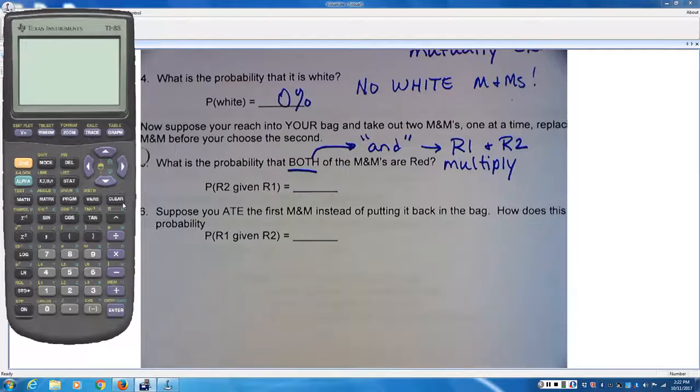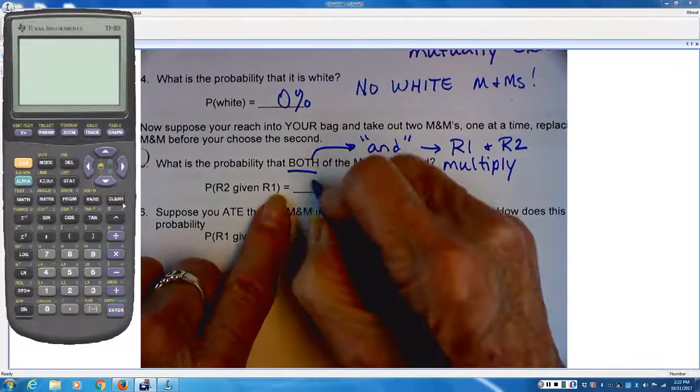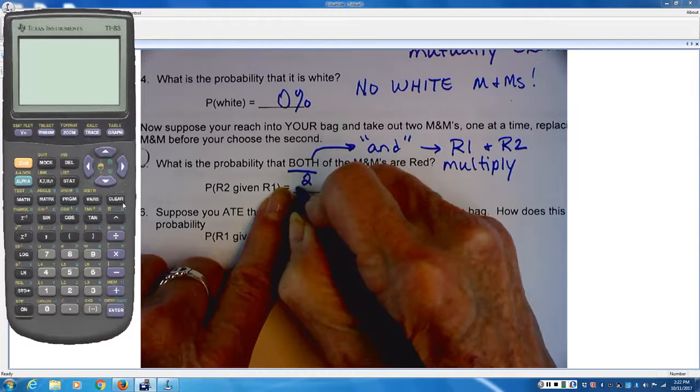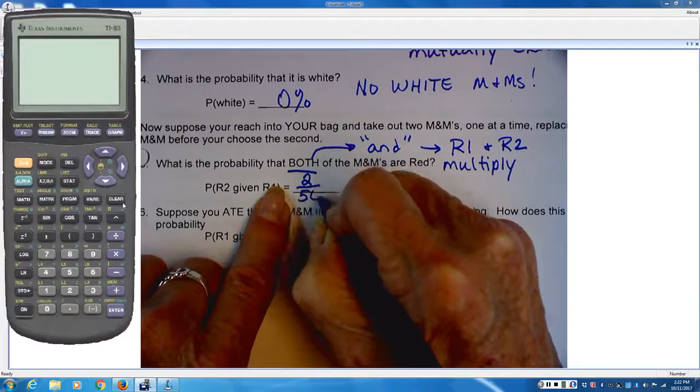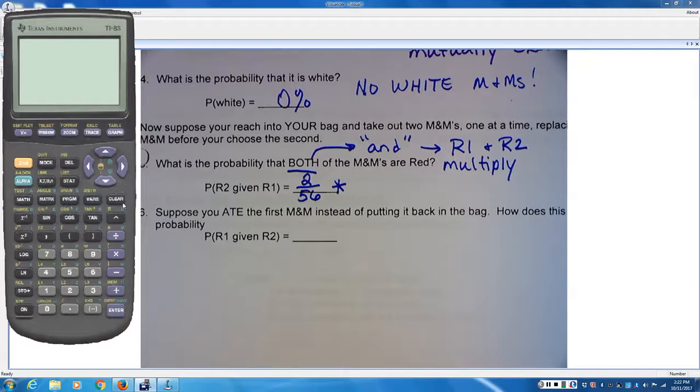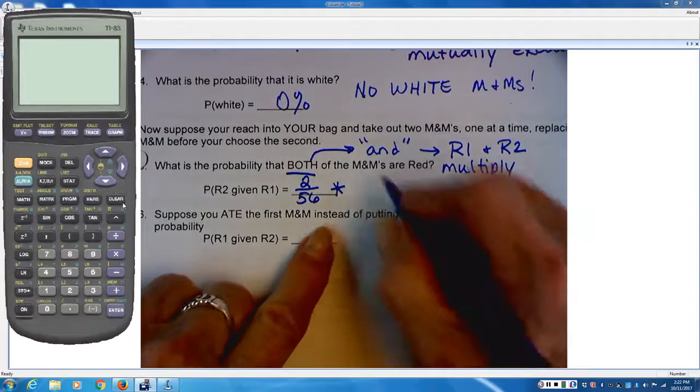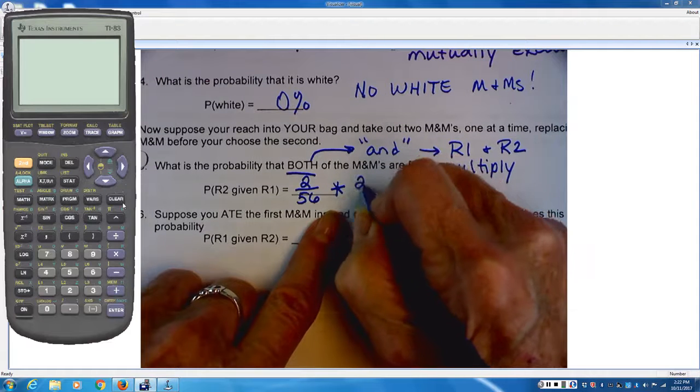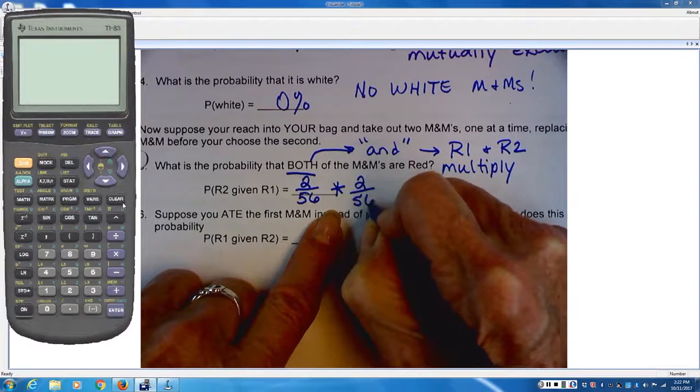So the probability of my first one being red was 2 out of 56. Now if I put that M&M back and I draw out another one, then I still have a 2 out of 56 chance of that happening.